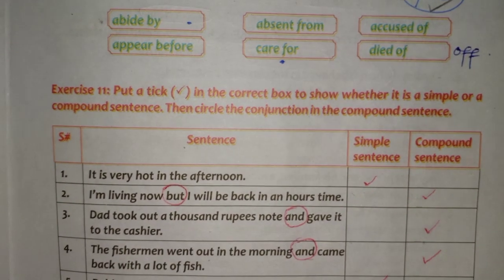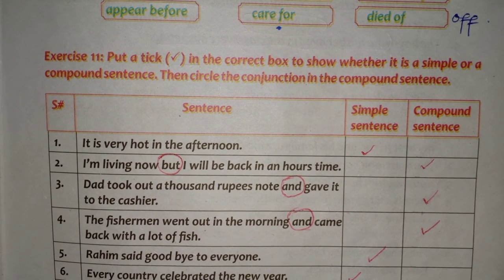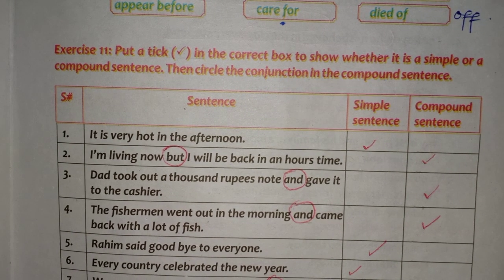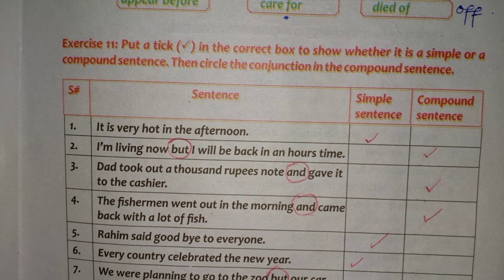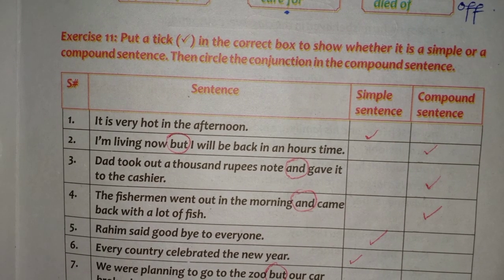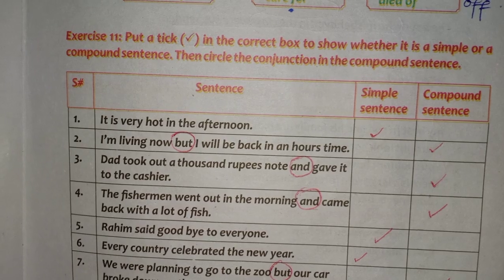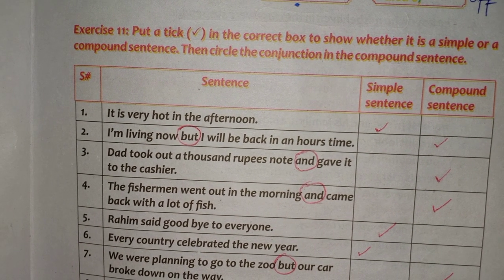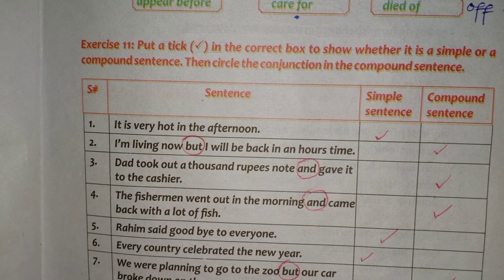And your second homework for today is to search out simple and compound sentences and to encircle the conjunction in the compound sentences. Clear? So you have to find 5 simple sentences and 5 compound sentences in unit number 10. And you have to encircle the conjunction mentioned in compound sentences. Clear? Please remember the homeworks and do it timely.